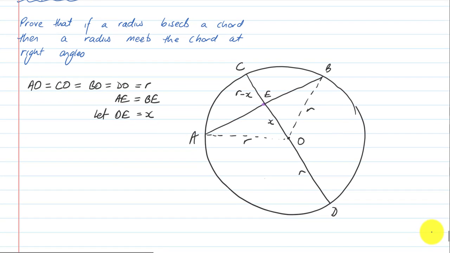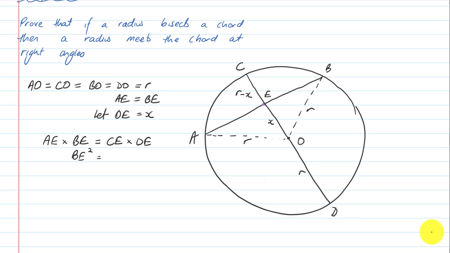So from my two chords, CD and AB, and chord theorem 1, I've got that AE times BE is equal to CE times DE. Now I know that AE is equal to BE, so let's call this BE squared.